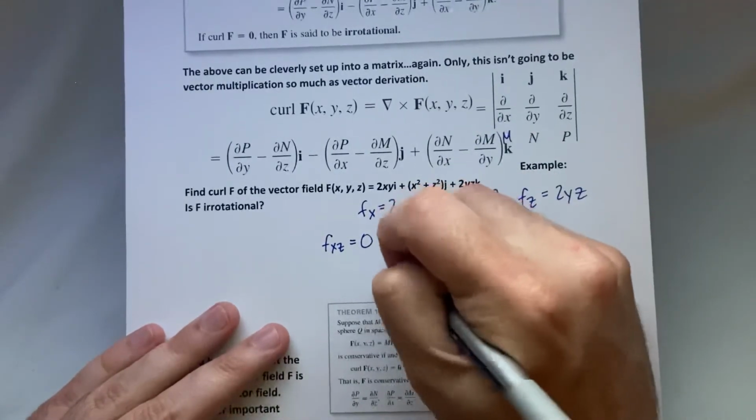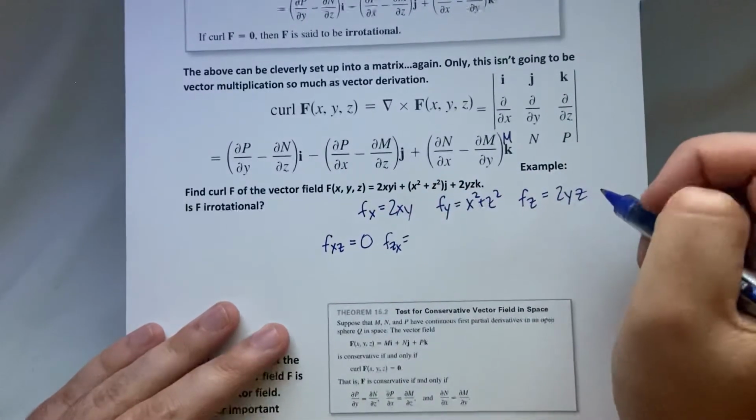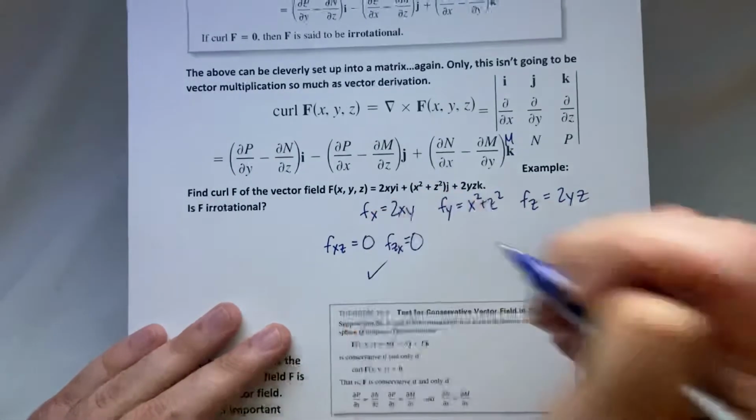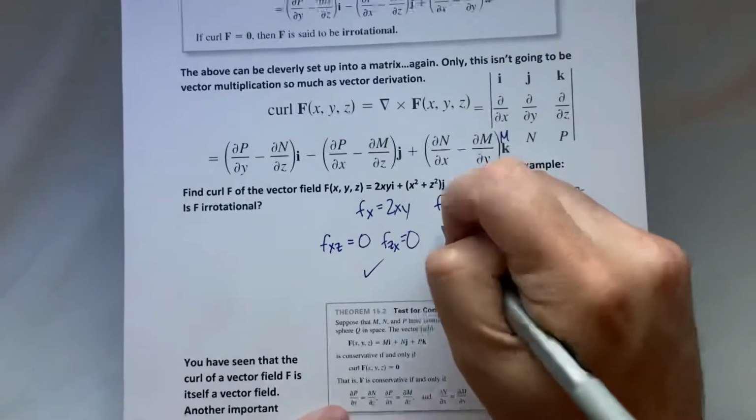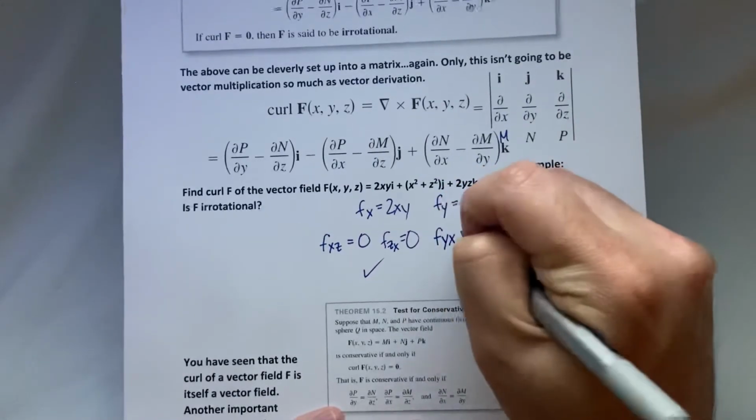What's my f sub zx? My x partial from this one is 0. Those two are equal, so that's the first check. If one of them is not equal, it's automatically not irrotational. You can stop.